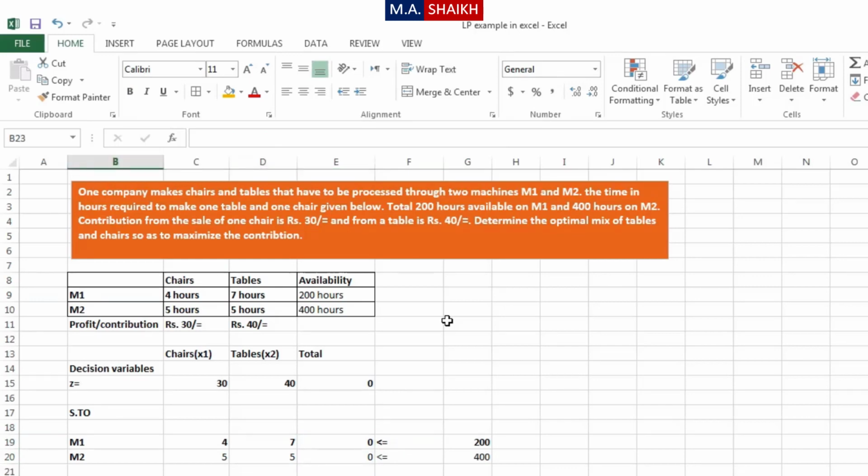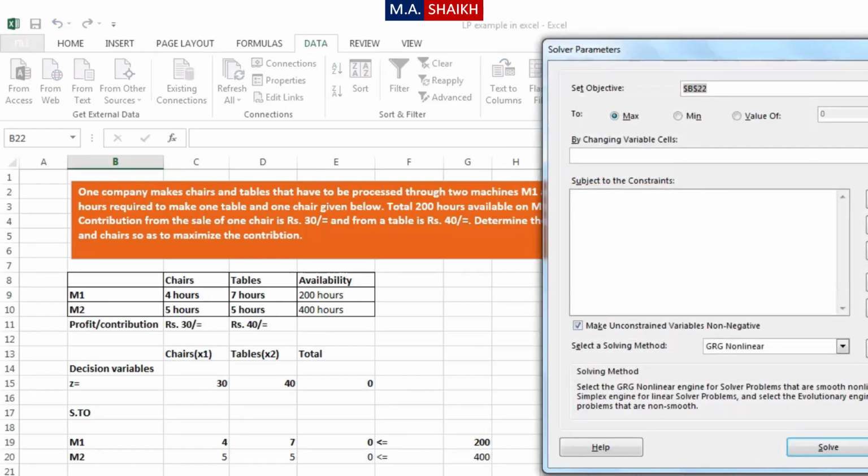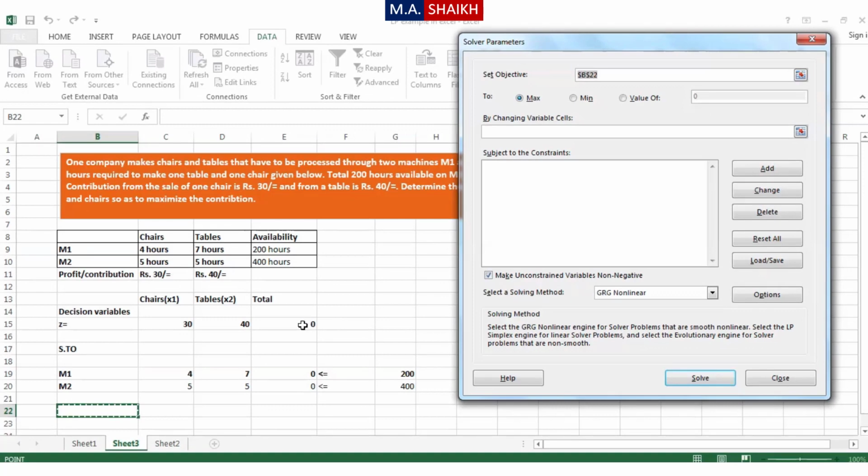Now go to Data and Solver. This is actually the value of Z. So set objective, set the address.